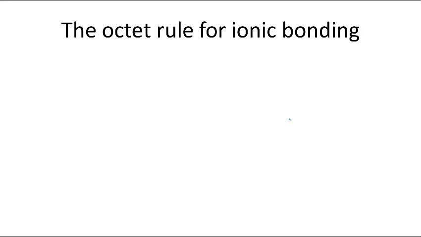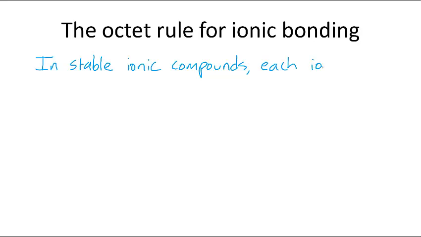So how can I state the octet rule in a way that's not necessarily building a misconception? I try to be careful in the way I state it. The way I state it is that in stable ionic compounds, each ion tends to have 8 valence electrons.